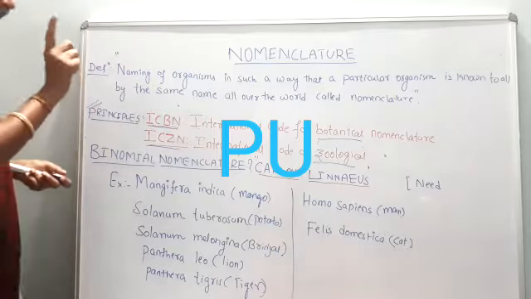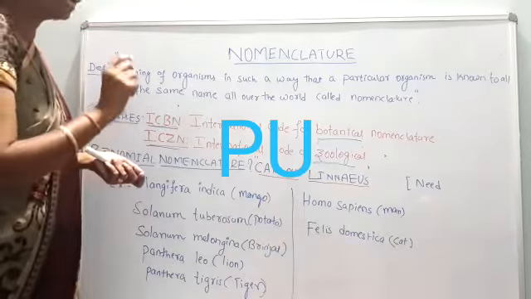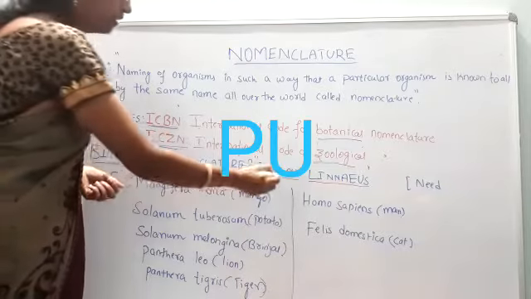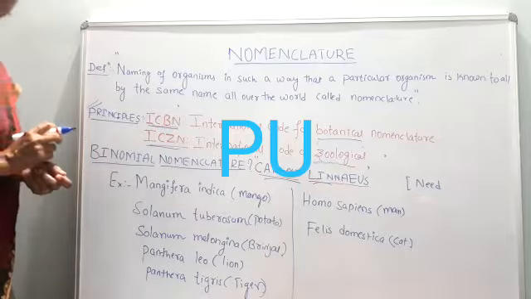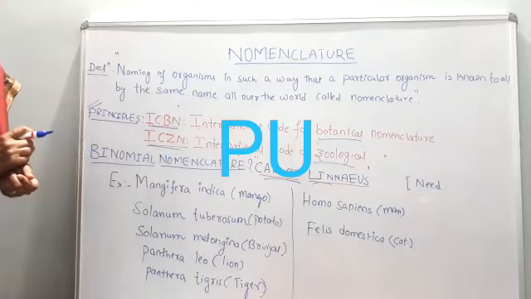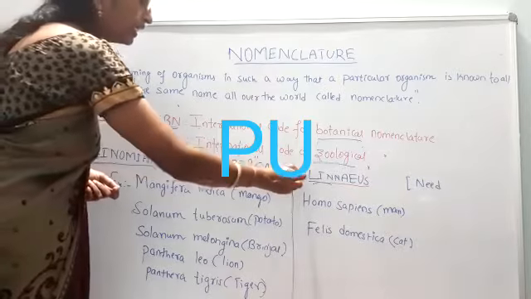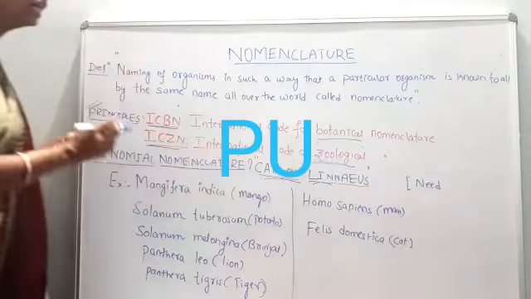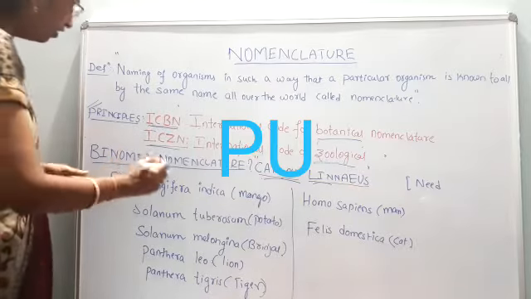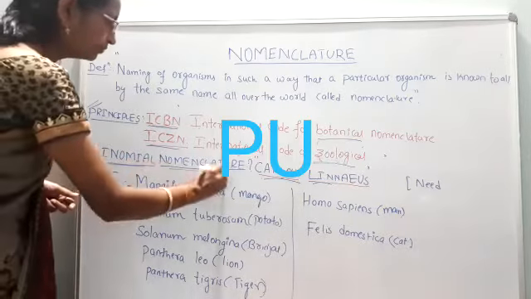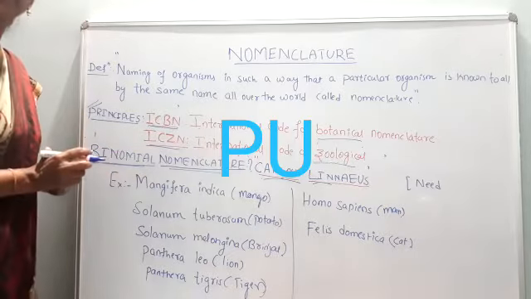The first scientist, a biologist and botanist named Carlos Linnaeus, is also known as the father of taxonomy. He established a scientific method of naming organisms, and that naming is known as binomial nomenclature.